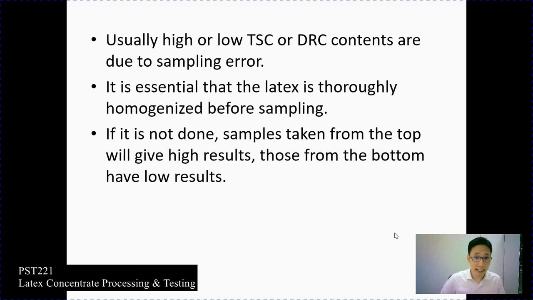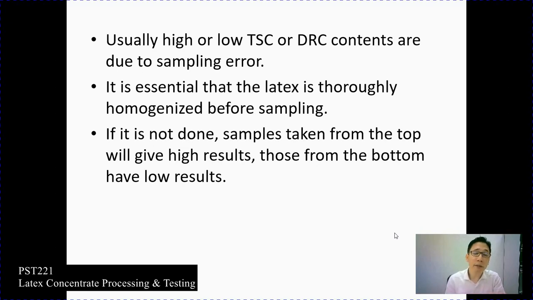If it is not done, a sample taken from the top will give high results, and those from the bottom will have low results. Why? Usually, as I mentioned earlier, the DRC's rubber content has a lower molecular weight as compared to your serum. So during storage, there is a separation between the serum and dry rubber.